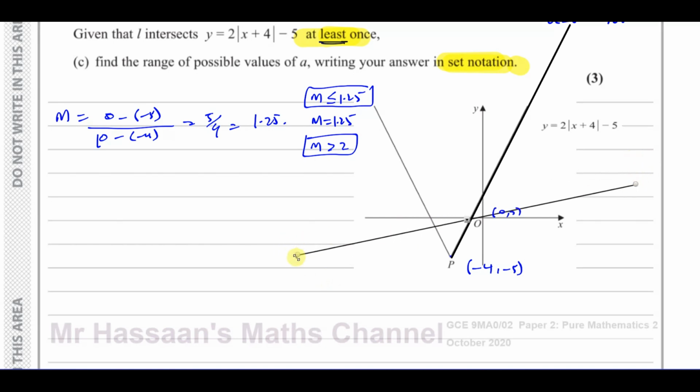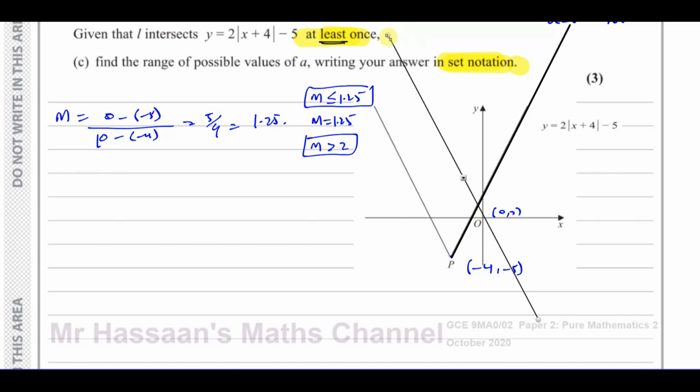Even if it's a really small gradient, and even if the gradient becomes negative, even when the gradient is 0, they'll still intersect at least once. When the gradient is negative, these lines will intersect twice, at least once. Even if this is -2, it's at least once intersecting over here.